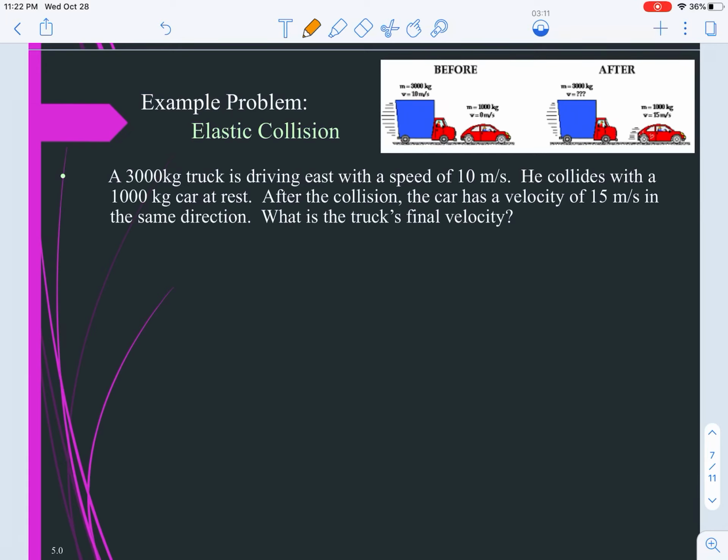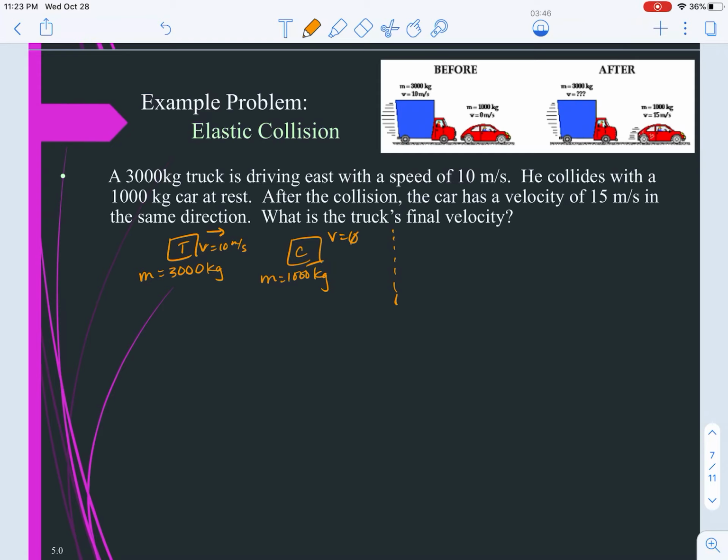Okay. All right, so for our first example, we have a 3,000 kilogram truck, and it is driving to the east with a speed of 10 meters per second. It collides with a 1,000 kilogram car that is at rest.